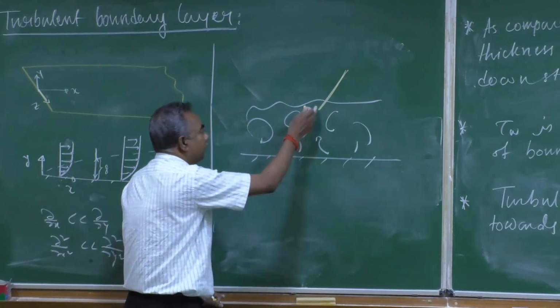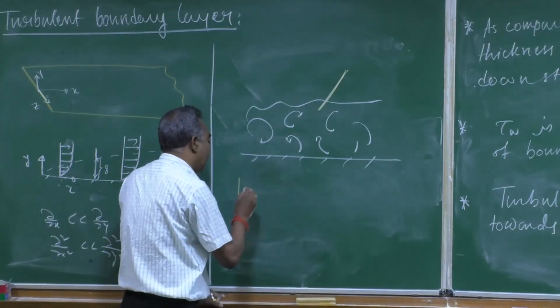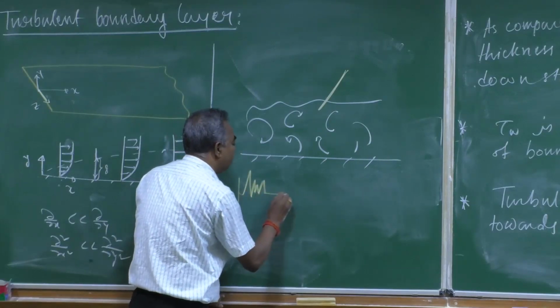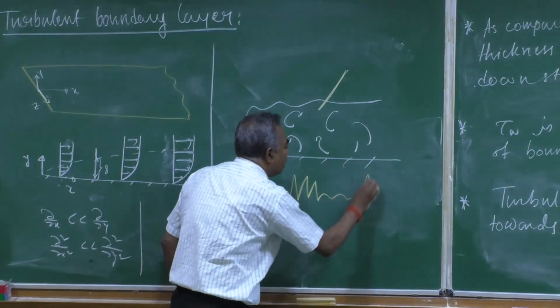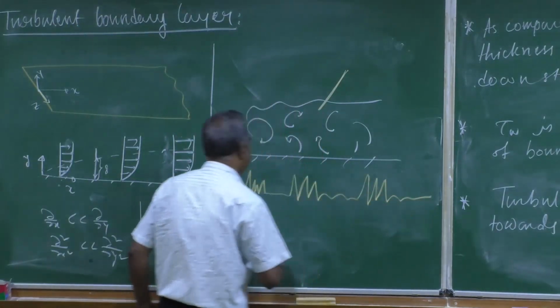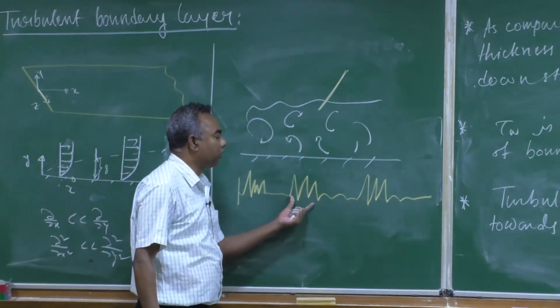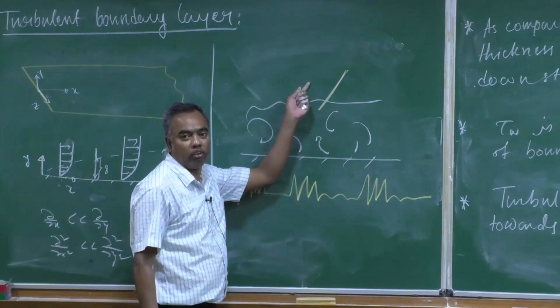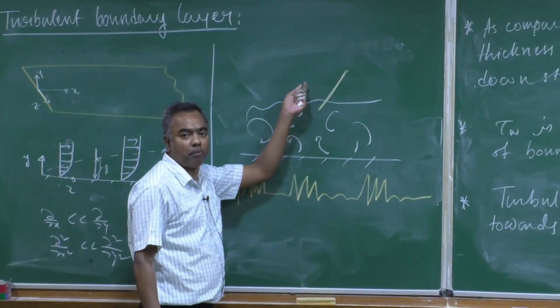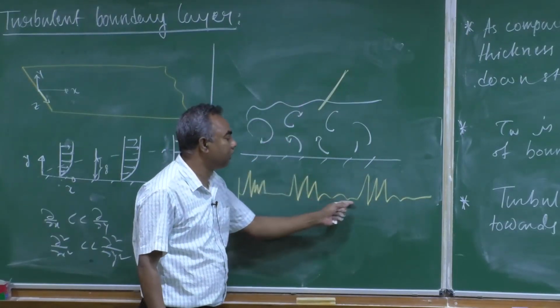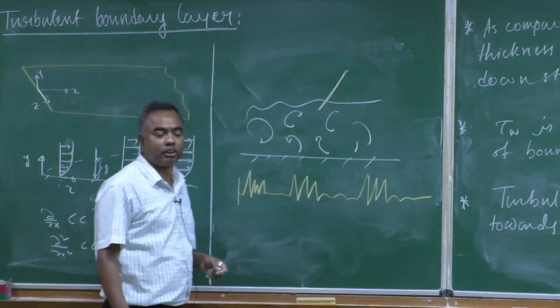As a result, the signal of the probe towards the outer side will look something like this. When the probe is hit by the turbulent packet, it will show high fluctuation. When it is hit by the irrotational packet from the free stream, the signal will be more quiescent.